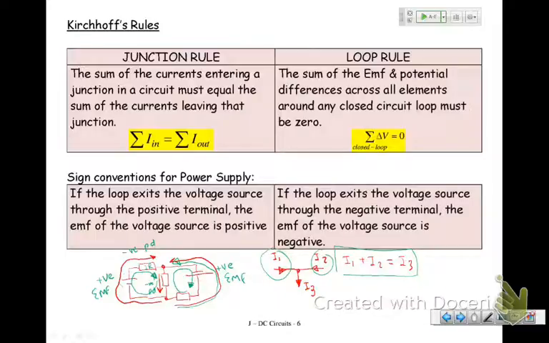So this is a little bit uncomfortable in that you've got to pick current directions and loop directions. And people don't like that, but you get used to it. But it's strict in that you've got to live with what you draw. And when I'm grading this, I look at your diagram. If the current directions and the loop directions are clearly marked, then fine.